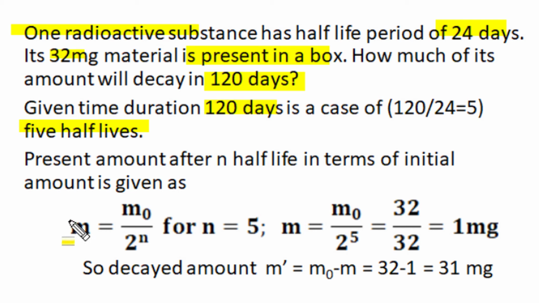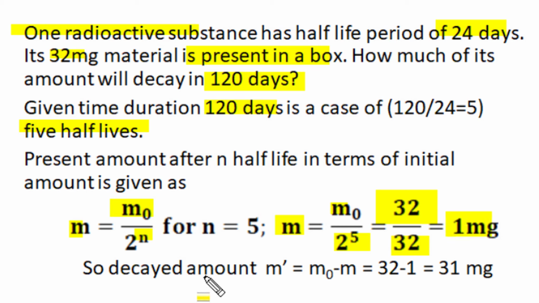Now the present amount after n half-lives becomes 1 by 2 raised to power n fraction of initial amount, and for n equal to 5 the present amount will become m naught by 2 raised to power 5. 2 raised to power 5 is 32 and initial amount is 32 milligram. So the present amount after 5 half-lives or after 120 days is just 1 milligram.